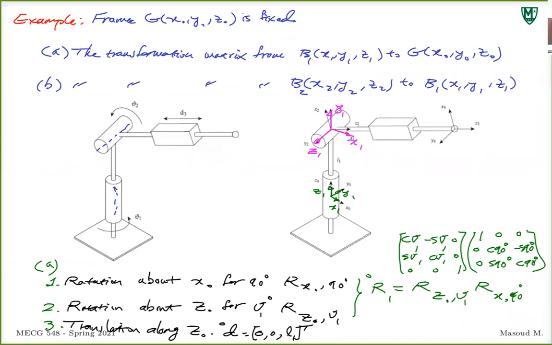So if you're going from this fixed frame, this x naught, y naught, z naught, you can think about it as G. If you're taking this to where it should be, the green one, aside from doing those 90-degree rotations, you also have to take into account the rotation in your joint. So where x1, y1, z1 ends up being, not only do you have to make the orientation right, you should also remember that this v1 can rotate.